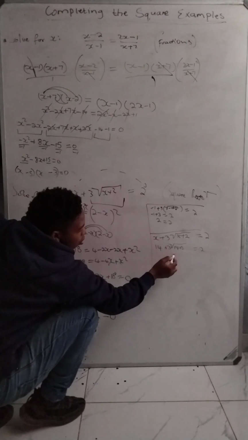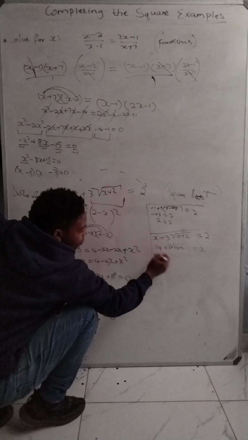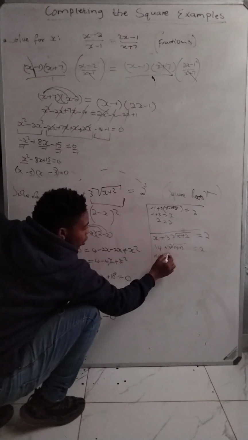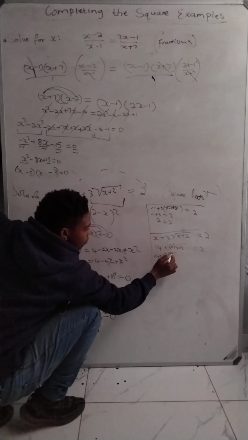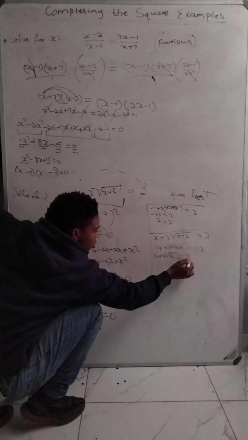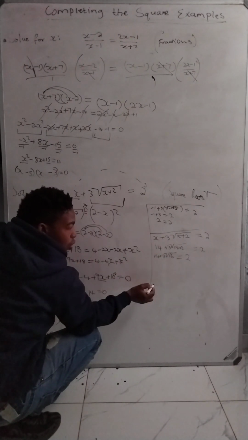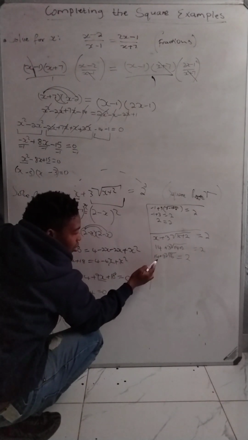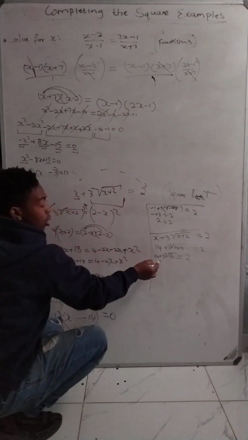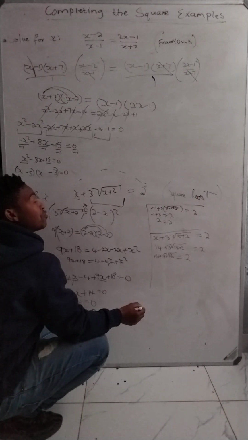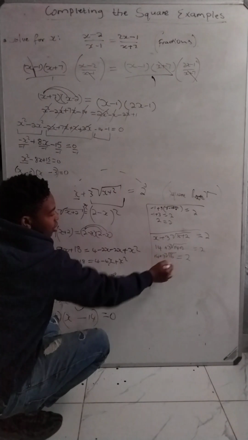Okay, so 14 plus 3 square root of 16 is equals to 2. Okay, I can already tell that this is not going to hold because 14 is already greater than 2. Okay, so what is 16? 4 squared. 4 squared is 16. So the square root of 16 is 4.